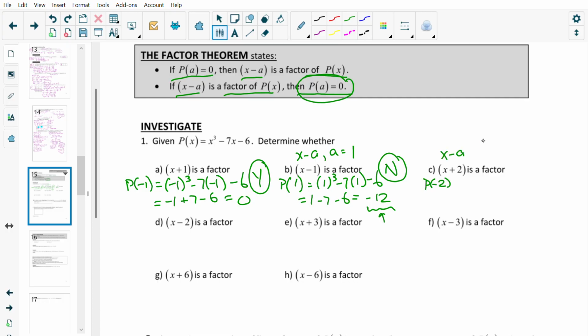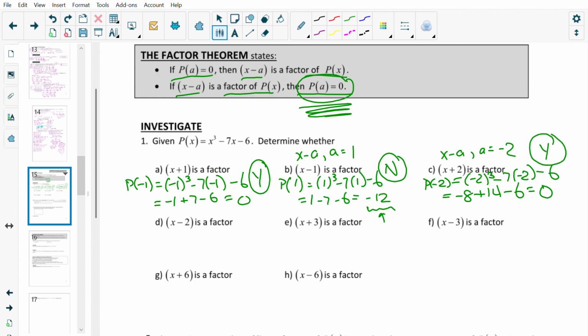Since it equals negative 12, this is no, not a factor. Remember, x minus a is equal to negative 2 this time. This is equal to 0. So p of a equals 0, then yes, this is a factor.